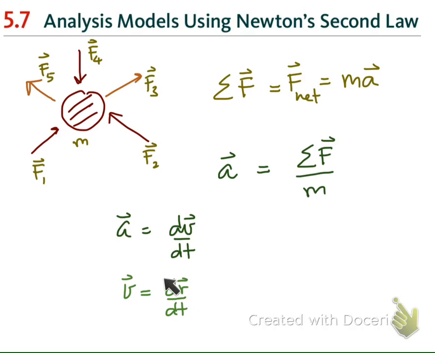We can then solve for the position of the particle. So at the end we should have r as a function of t. So it means that if we know the force that acts on an object, we can solve Newton's second law to get the position of the particle as a function of time.